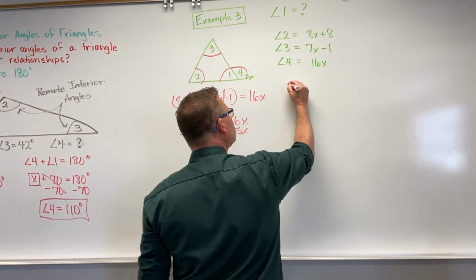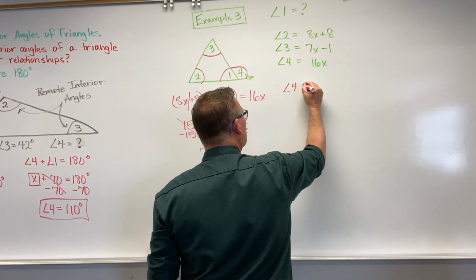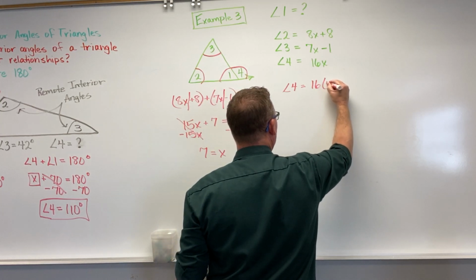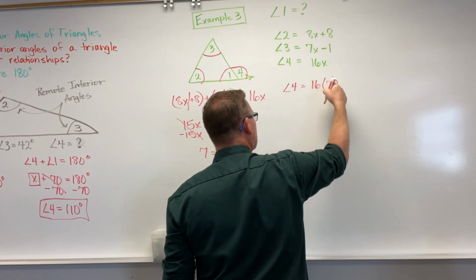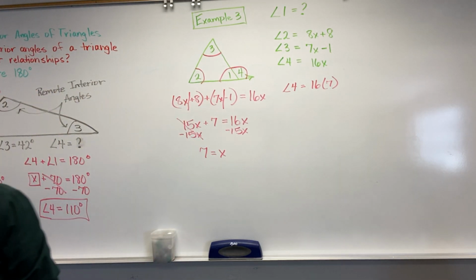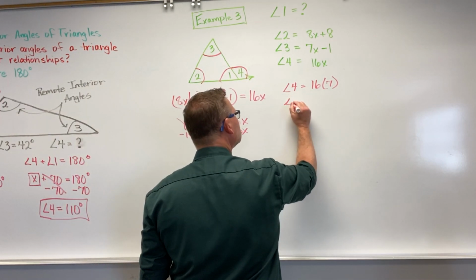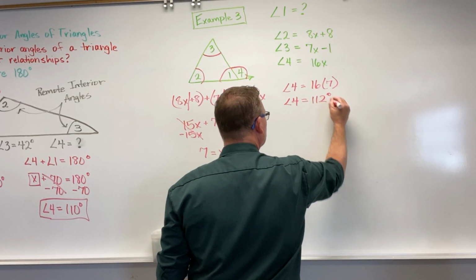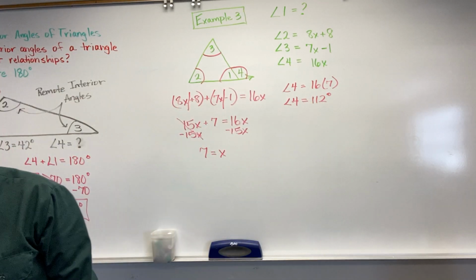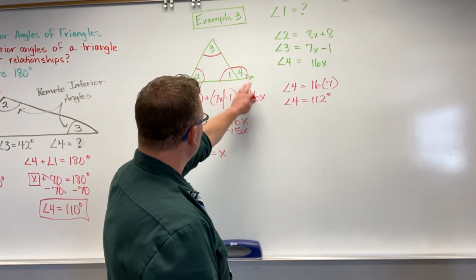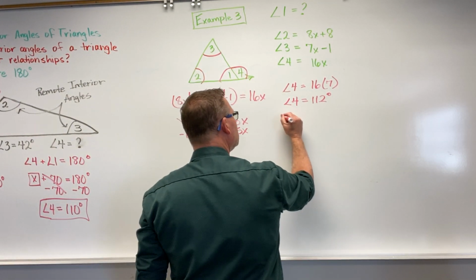So in other words, to find angle 4, I'm going to do 16 multiplied by 7 because x equals 7. We find out that angle 4 is going to equal 112 degrees. Okay, so 112 degrees.